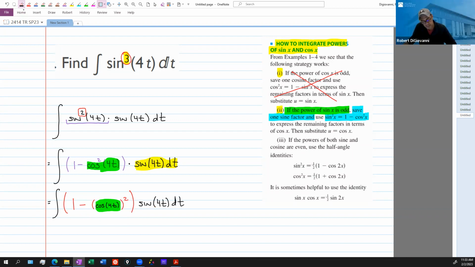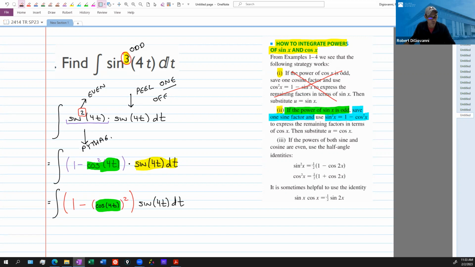Let's just take a step back before we do any more. If I have sine to an odd power, then if I peel one sine off, this power will be even. If that power is even, I can always use the Pythagorean identity.